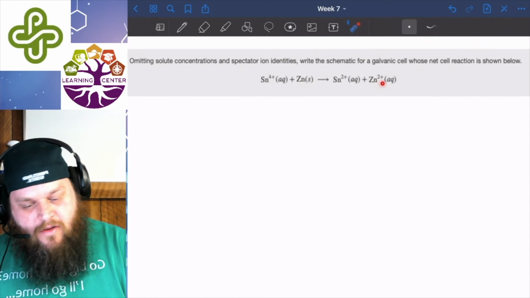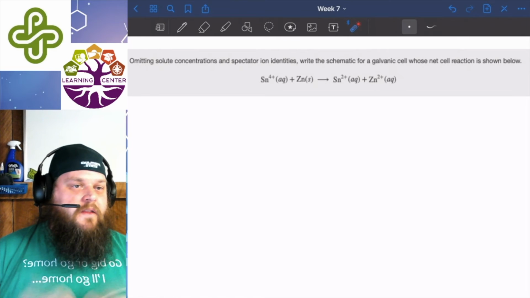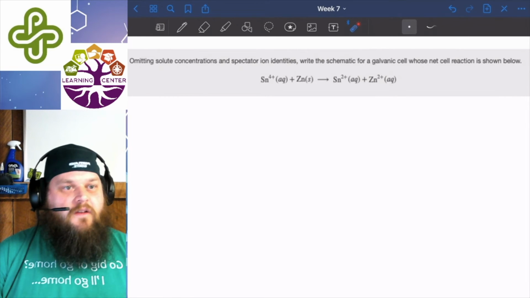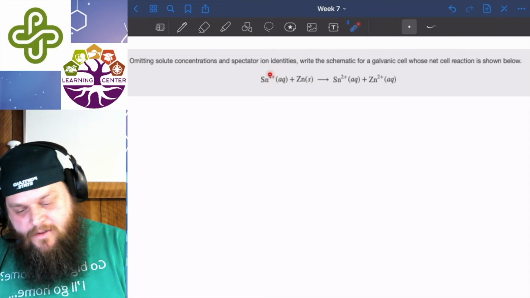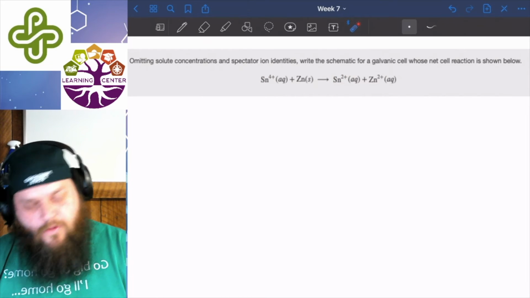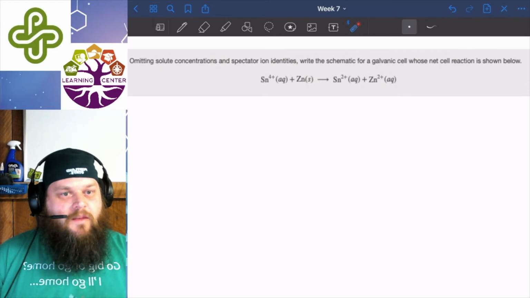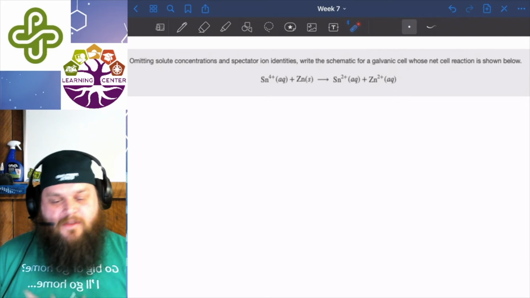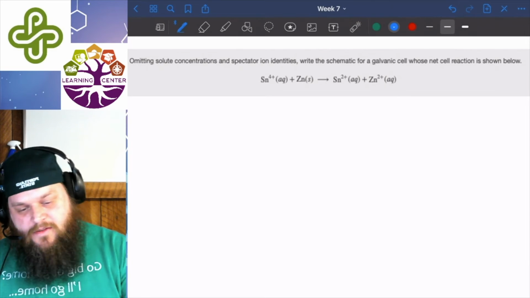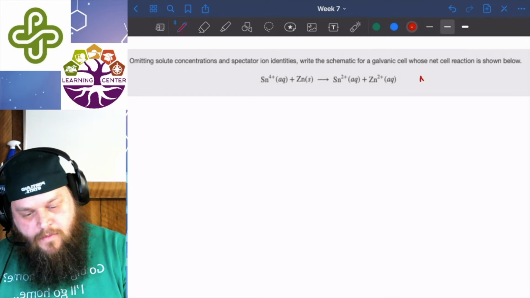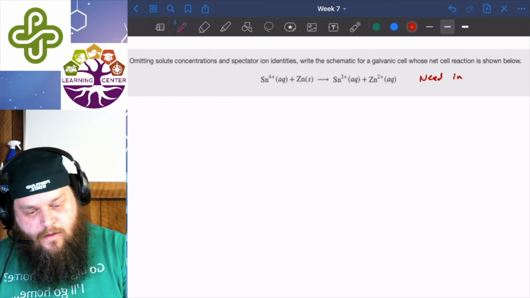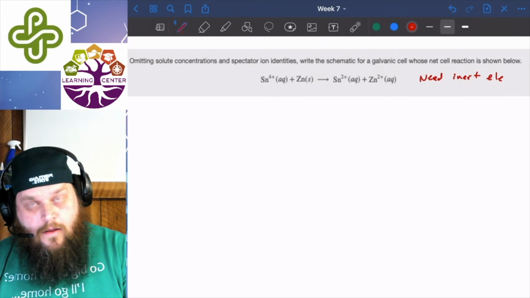It's going from a solid to an ionic, so it's losing these ions into the solution from the solid object. In this case, the Sn4+ is turning into Sn2+, so it's not actually ever a solid object, so it's not going to be one of our electrodes. So we're going to have to use some type of inert electrode for this, right?